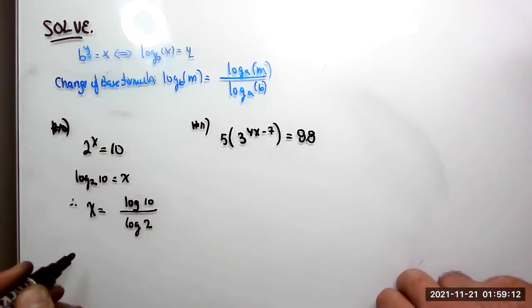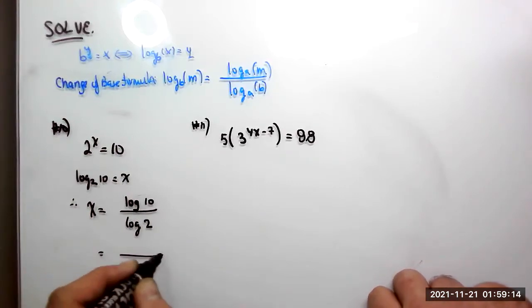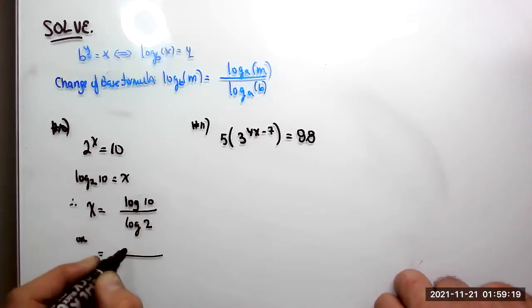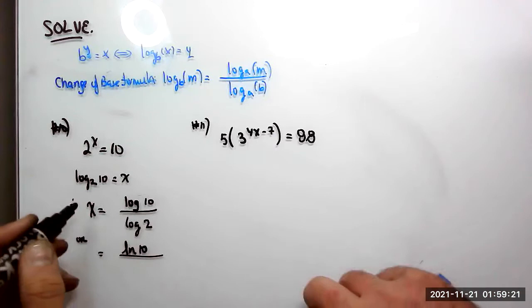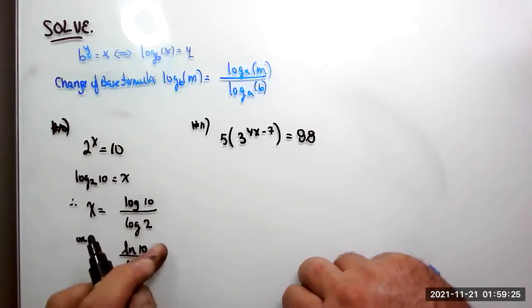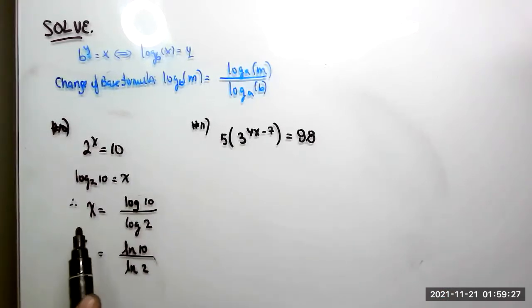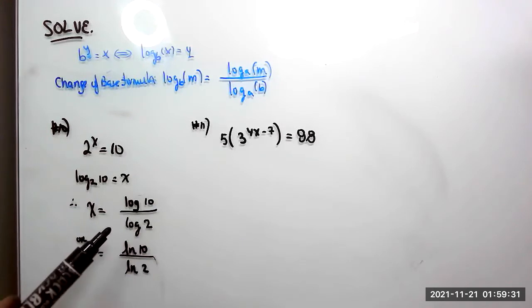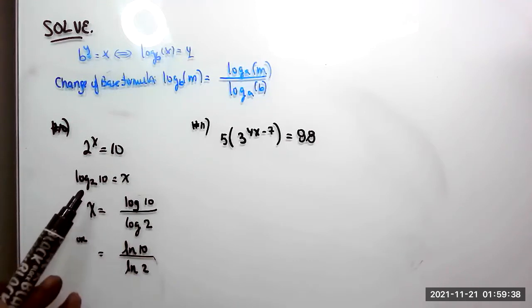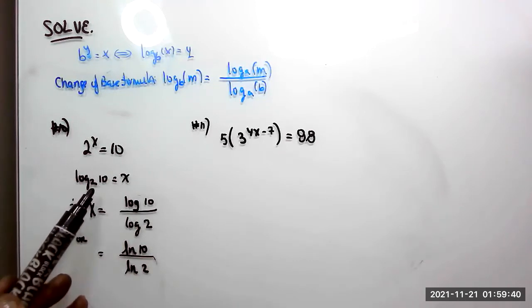Or we could have used ln, from base 2 to natural log, so it could be ln of 10 divided by ln of the old base, ln of 2. So here we change from base 2 to base e. In my calculator, I can find the common log or the natural log, but it does not allow me to find log base 2.